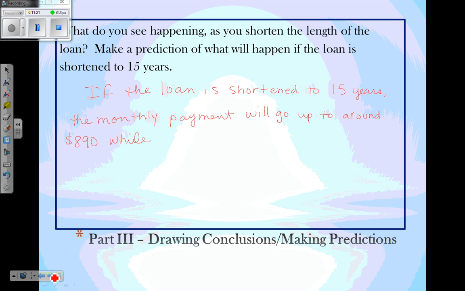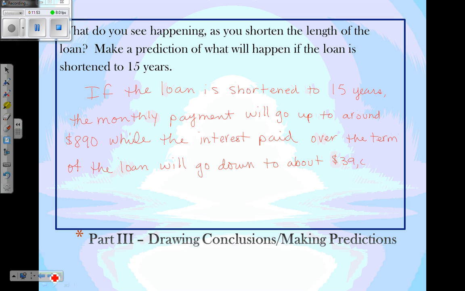While at the same time, the interest paid over the term of the loan will go down to about $39,000.